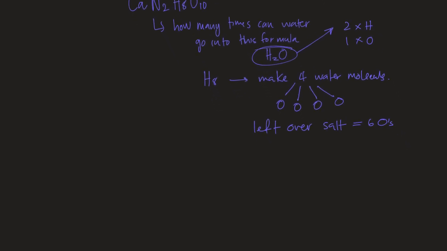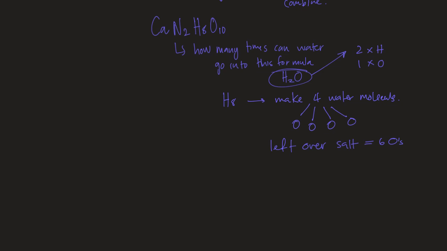Right, so that helps us a little bit. So I know that it's going to be 4H2O. So I'm pulling from this empirical formula. If I pull 4H2O, then if I have CaN2H8O10, and I take out 8 H's, I took out all the 8's, and from here I took 4 O's.